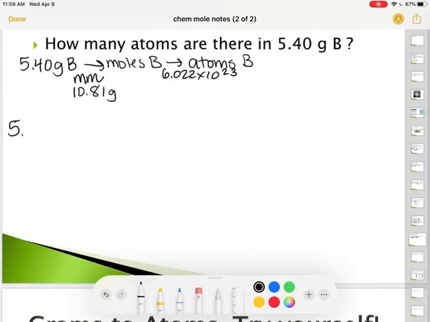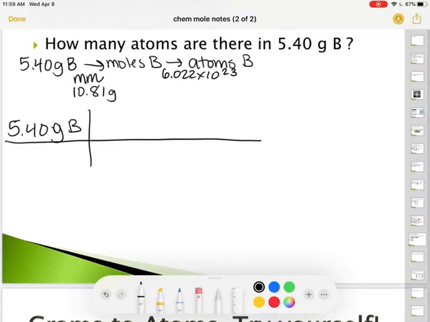All right, so we have 5.40 grams of boron. Now we have to get rid of grams and get moles, sorry. So get rid of grams, so that means if it's in the numerator, it has to go down here. Grams of boron goes down here. 1 mole of boron goes up here.